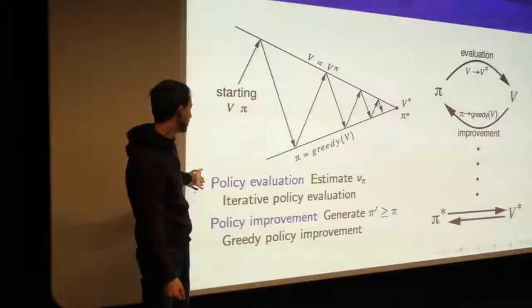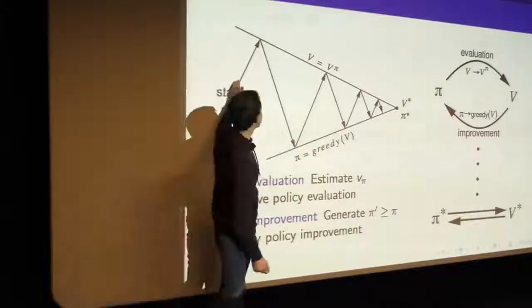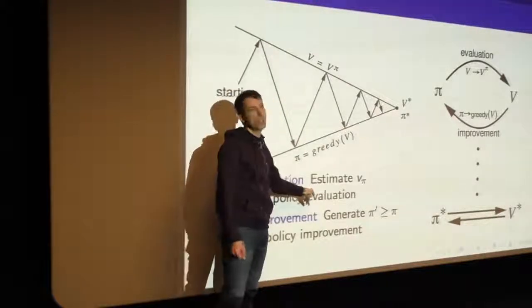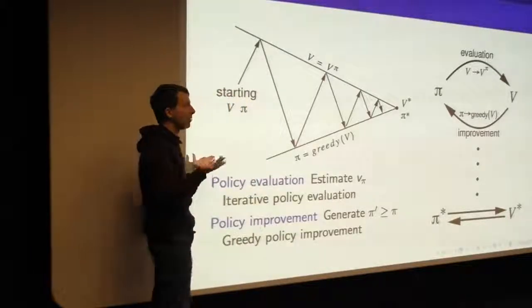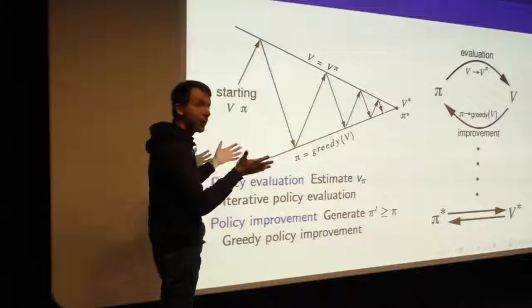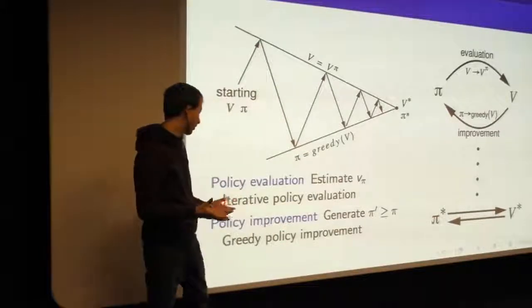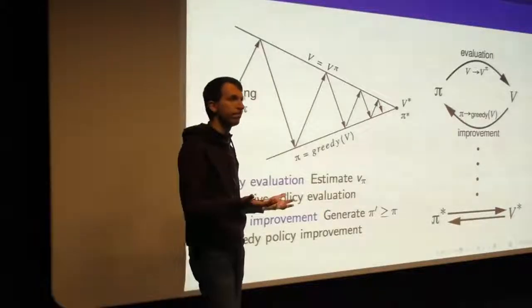In this case, we've seen at least one way to do policy evaluation, where we estimate V pi. These up arrows are done using iterative policy evaluation. That was the Bellman expectation equation, iterated to figure out the value of the policy. That was the first section of this class. And now we've seen at least one way to do policy improvement, which is by acting greedily with respect to our value function.